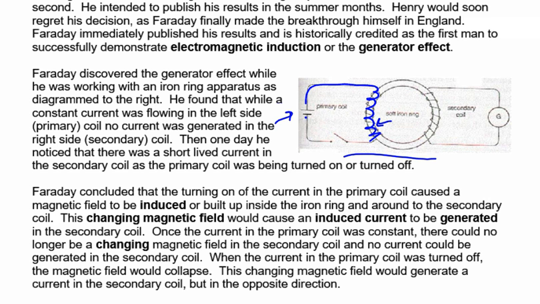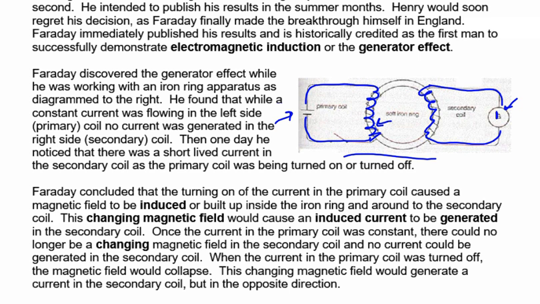Then you had the same type of thing on the other side, a coil of wire going to a galvanometer, which measures a small amount of current. He turned it on and at first noticed that nothing happened, it just didn't make any difference.